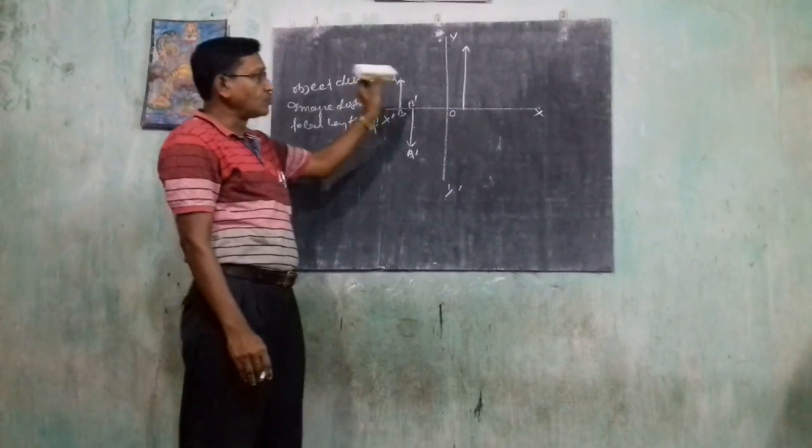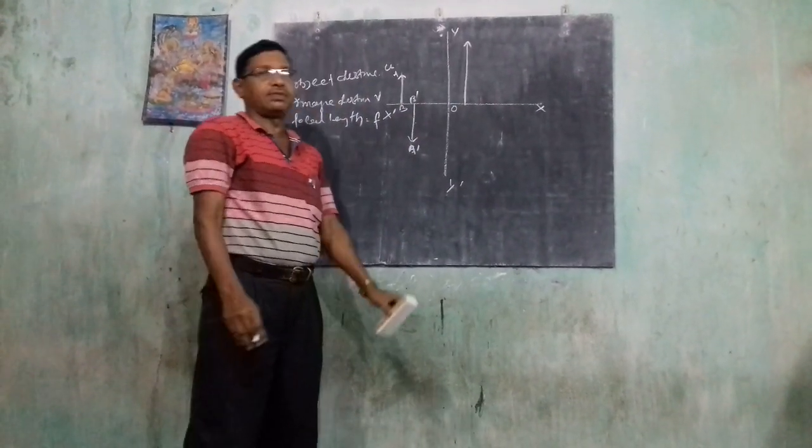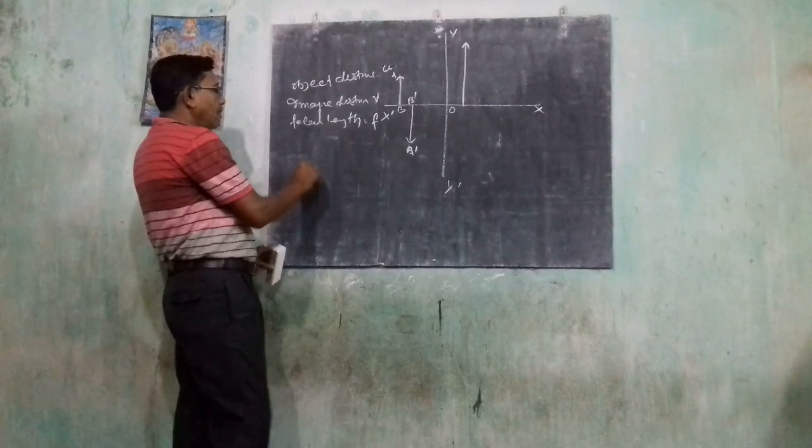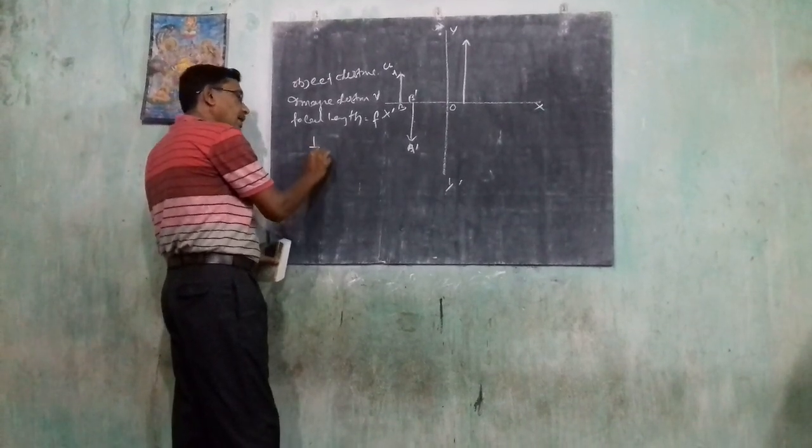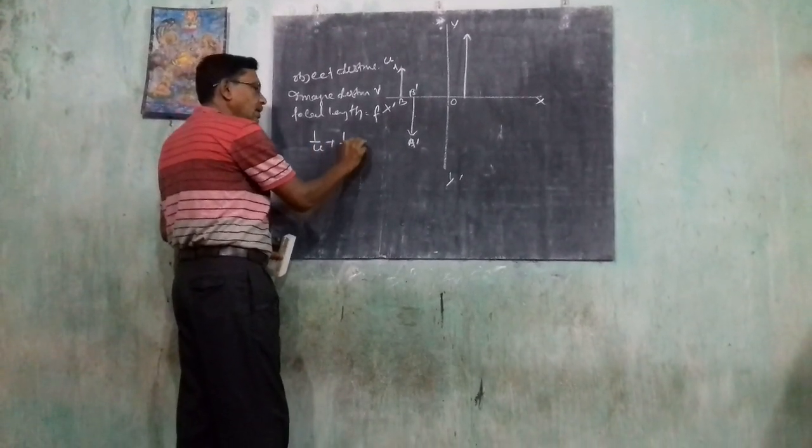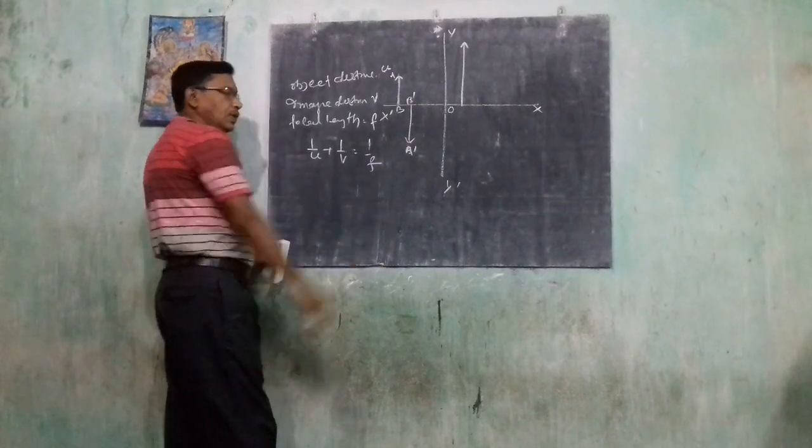All virtual images form on the positive side. Then the mirror formula: 1 by v plus 1 by u equal to 1 by f.